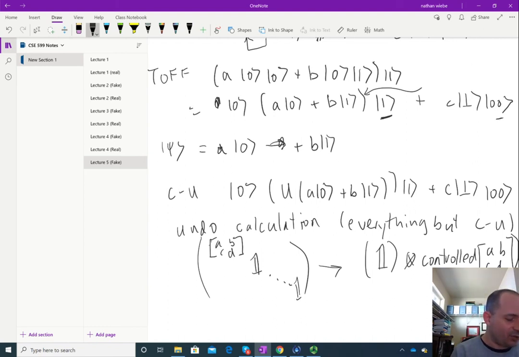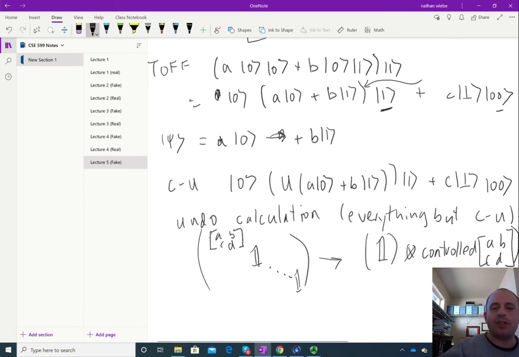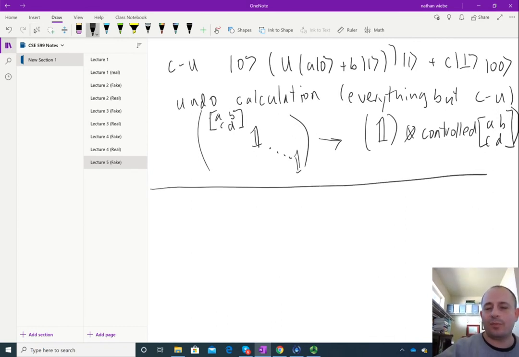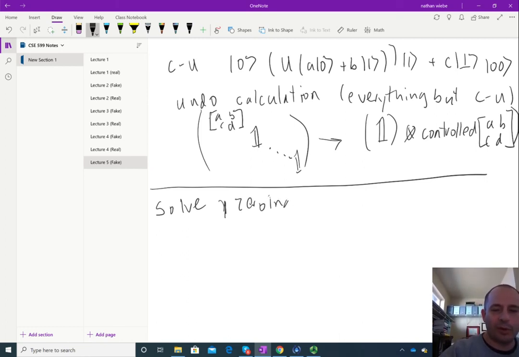Okay, now this ability to perform a transformation on an arbitrary two-dimensional subspace, we can use in order to solve the zeroing problem. By that, what I mean is, what we want to be able to do is, in general, find some matrix U tilde for a two-dimensional subspace.